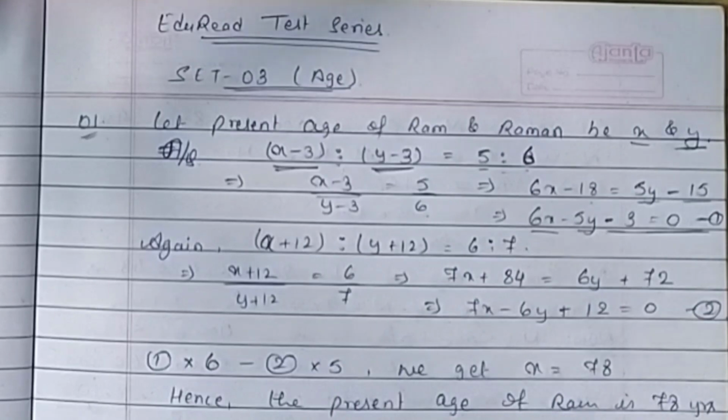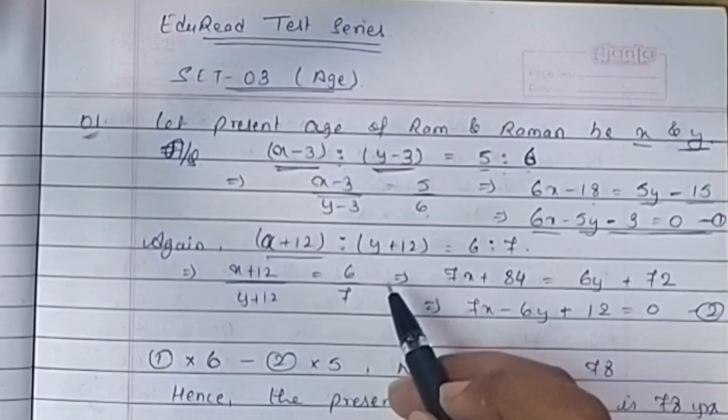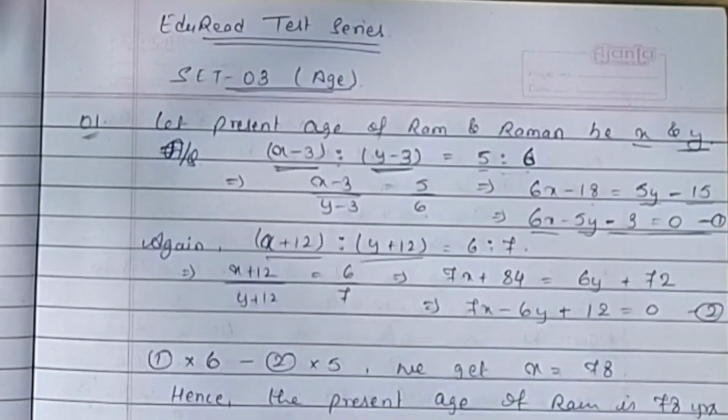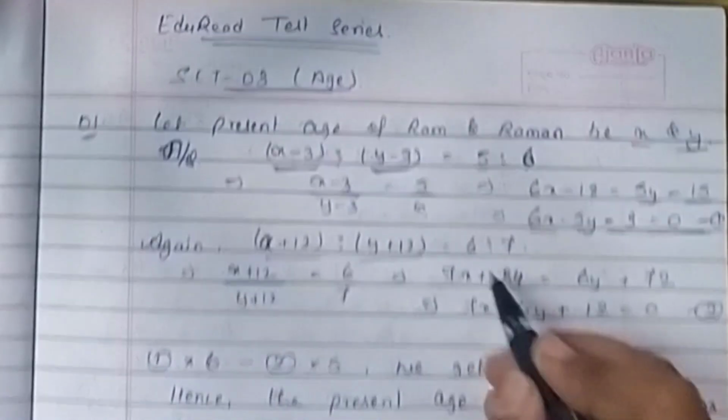Now let's jump to the second statement of this question. After 12 years, the ratio of Ram and Raman's ages will become 6:7. To find the ages of Ram and Raman after 12 years, we have to add 12 years to their present ages. We added 12 years to the age of Ram and got x plus 12, and similarly we added 12 years to the age of Raman and got y plus 12, and the ratio between their ages after 12 years is 6:7.